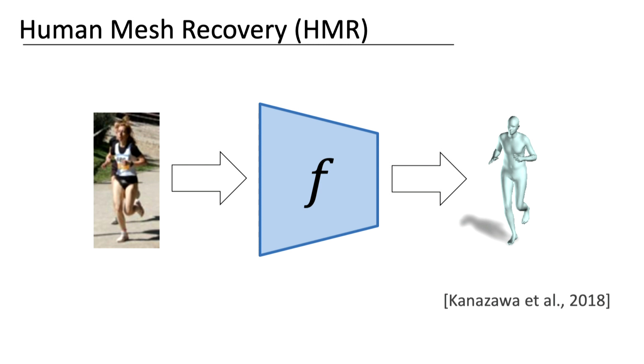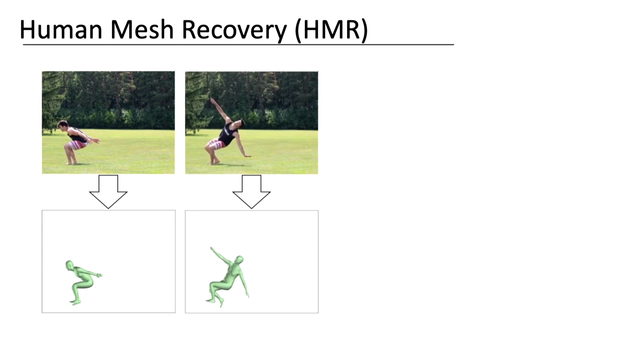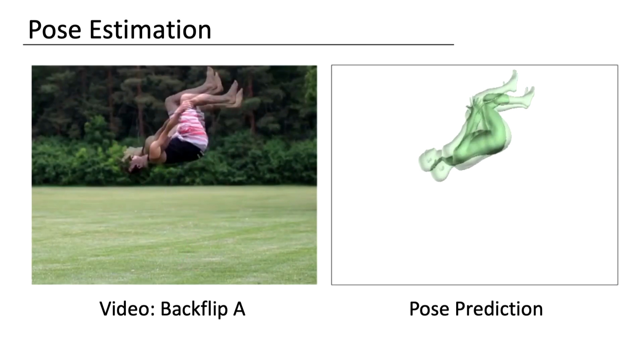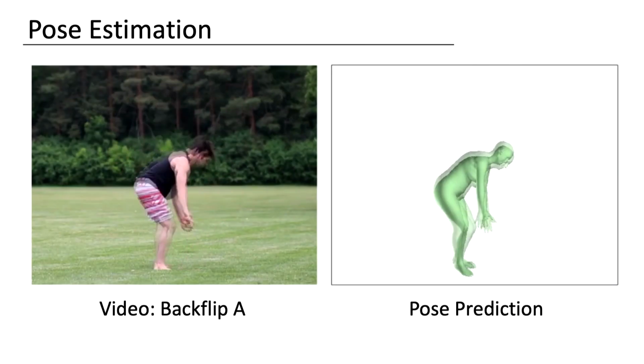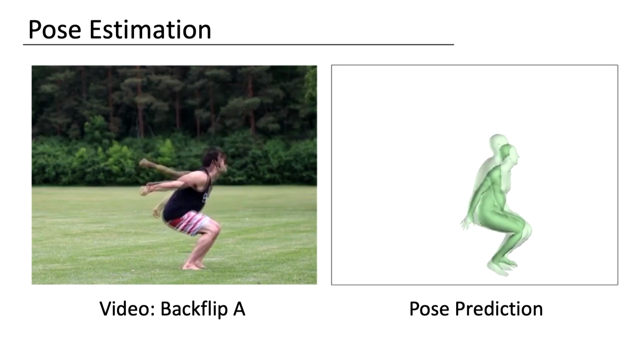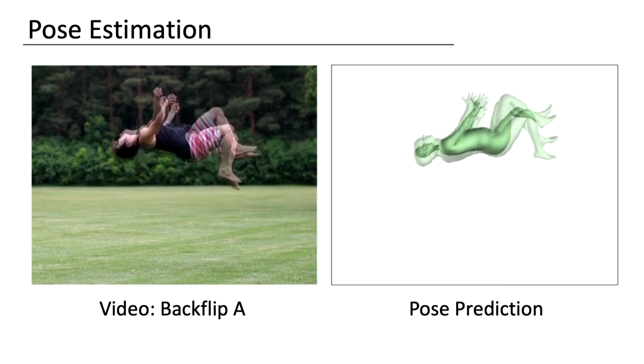Once we have this pose estimator, we'll just apply it to each of the video frames one at a time to predict the pose of the actor in each frame. And here's an example of some of the predictions that we get from this. On the left, we have the original video clip, and on the right, we have the predictions from the pose estimator.